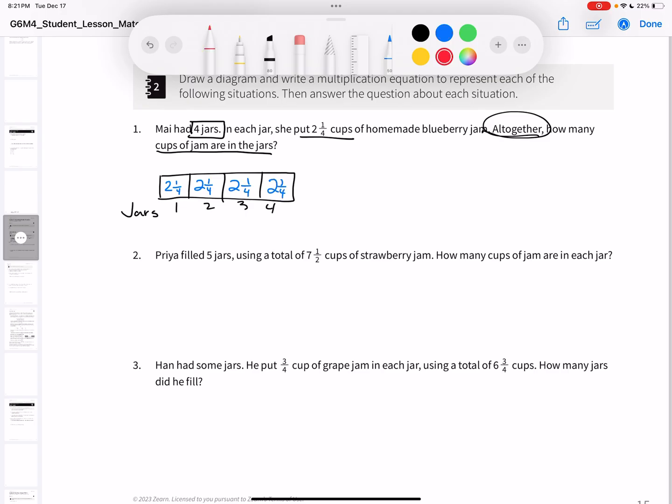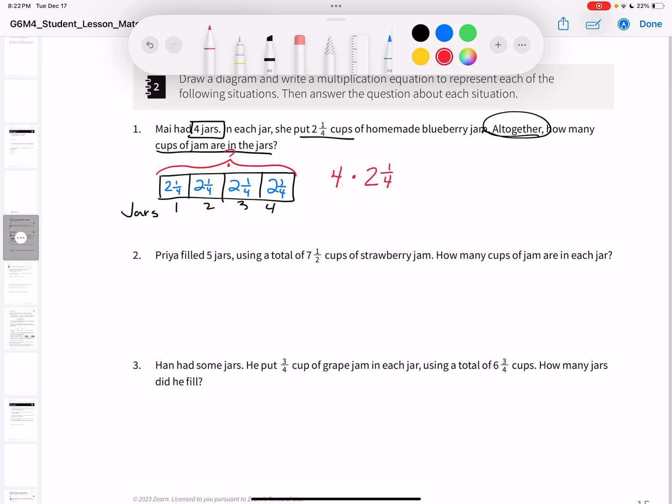Okay, now we want to know how many total cups of jam are in all of the jars together. Okay, so if I were going to write a multiplication equation, which is what they ask, I would do, there are 4 jars, and I have 2 1/4 in each jar.